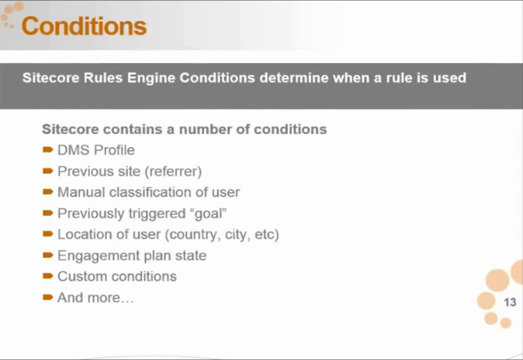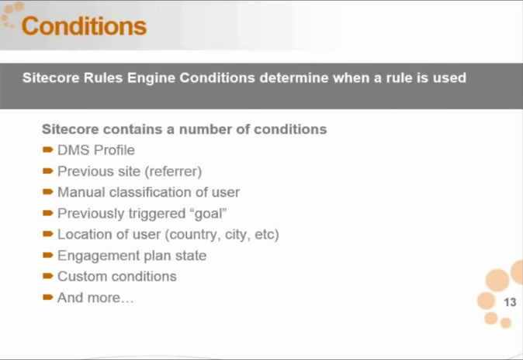With the DMS, you can set up a goal in Sitecore. For example, if somebody fills out the form and hits submit, when you reach the thank you page, you can put in a rule saying that once people reach the thank you page, they completed one goal.